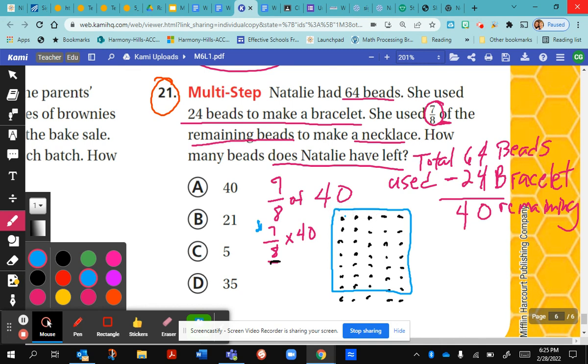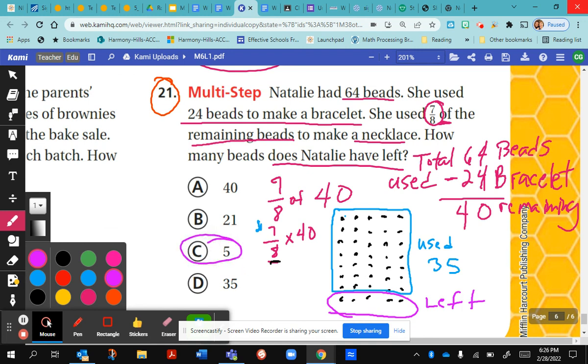That's how much she's used. So that's 5, 10, 15, 20, 25, 30, 35. She used 35. How much does she have left? Excellent. She's got 5 left.